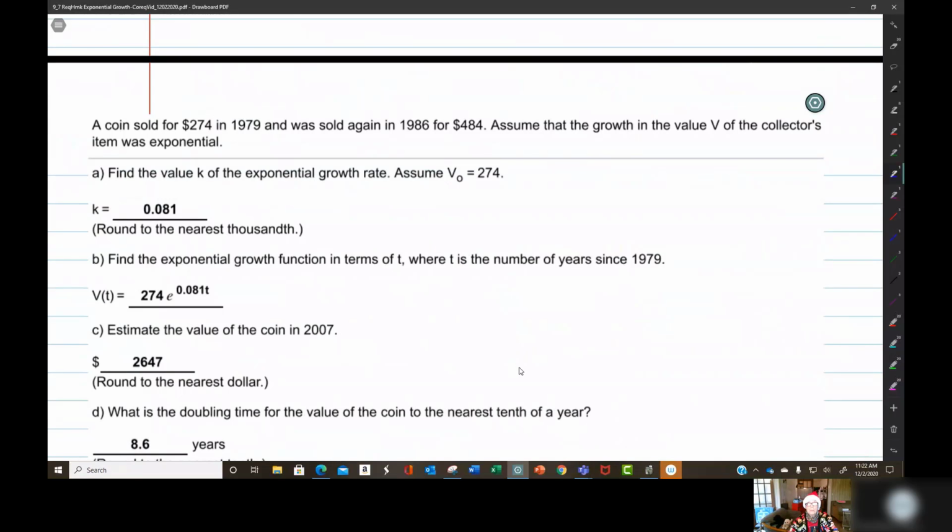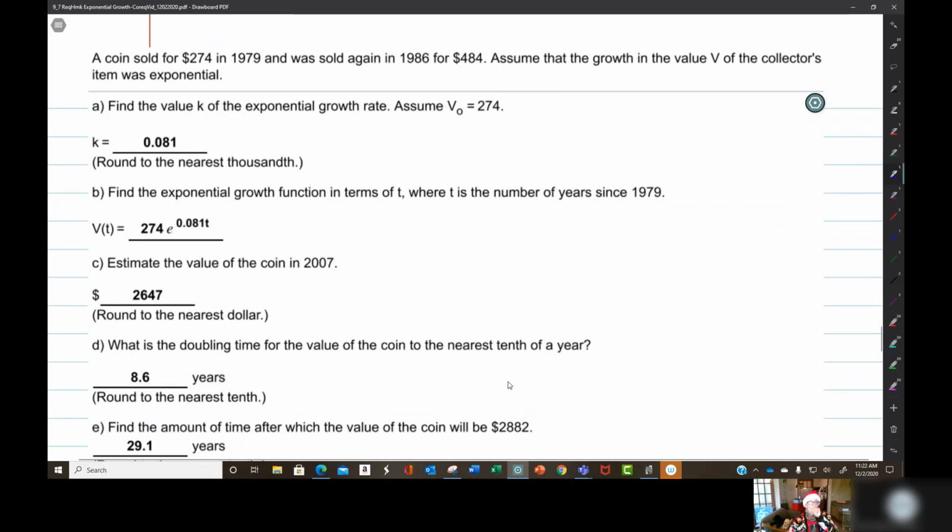One more problem. There are people who collect coins, and rare coins are worth a lot of money. It says a coin sold for $274 in 1979 and was sold again in 1986 for $484.